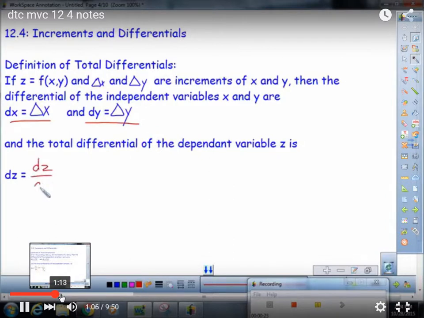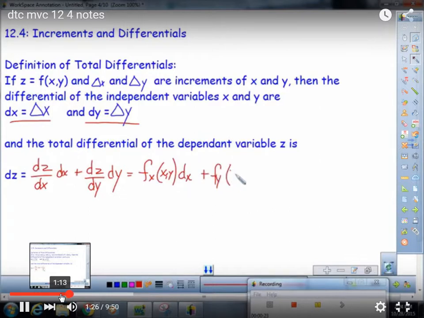Alright, so the total differential dz is the change in z with respect to x times dx plus the change in z with respect to y times dy. We could also write that as f sub x of x comma y times dx plus f sub y of x comma y times dy.